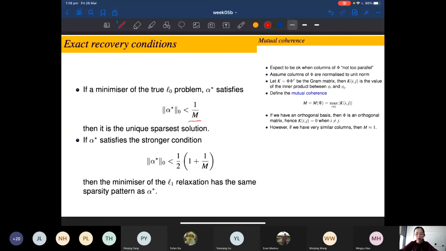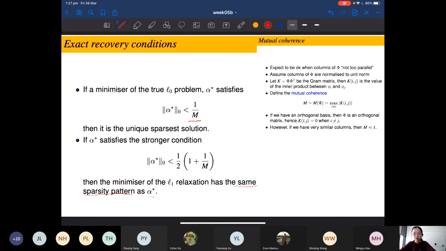If alpha star satisfies this stronger condition, then the minimizer of the L1 relaxation has exactly the same sparsity pattern as alpha star, right? Same sparsity pattern meaning which of the entries are non-zero, not exactly the same value on each of the dimensions of alpha.